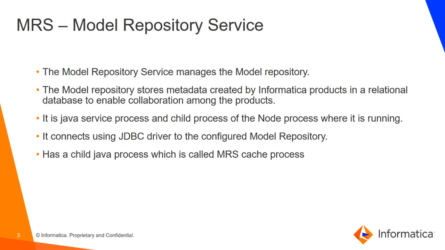The MRS cache process is used for optimizing performance in fetching information from the MRS DB. Now this database of MRS can be Oracle, can be DB2, can be SQL Server, and the interaction between the MRS and the MRS database happens using JDBC drivers along with the Hibernate layer in between.